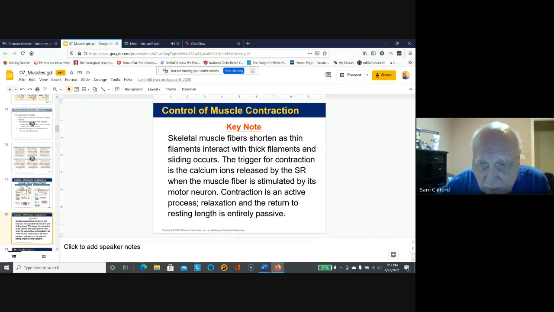This release of calcium causes calcium to bind to troponin, exposing the binding sites on the actin, which pulls the actin into the center of the sarcomere. Okay, a lot of stuff happening.